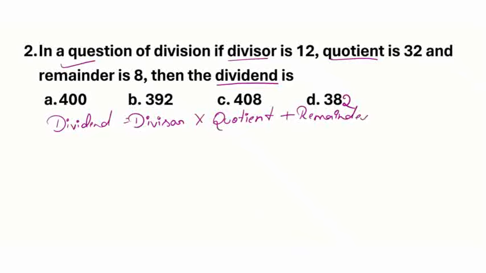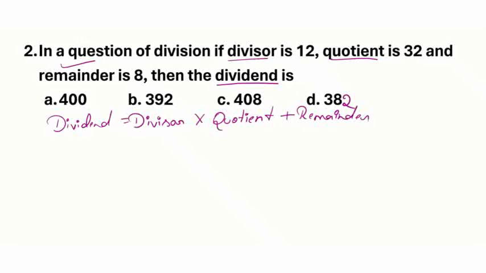So this is the formula you're going to use for such questions. And remember one thing, these questions are compulsory questions in your examination. So from your examination point of view, you have to study this and have good knowledge of it, because they are going to ask you the same question with change in numbers.